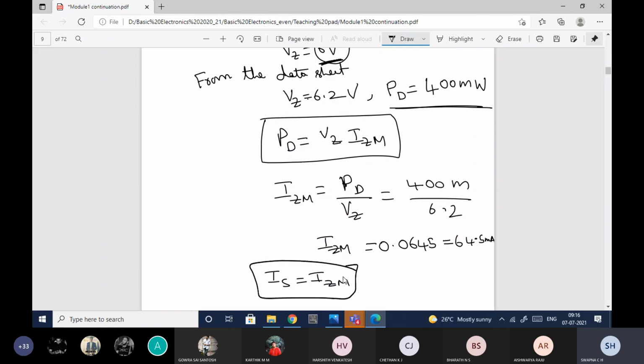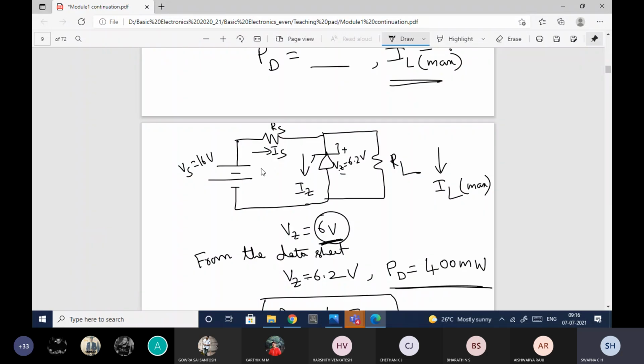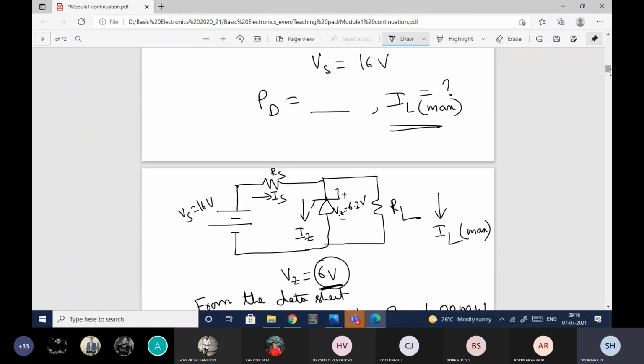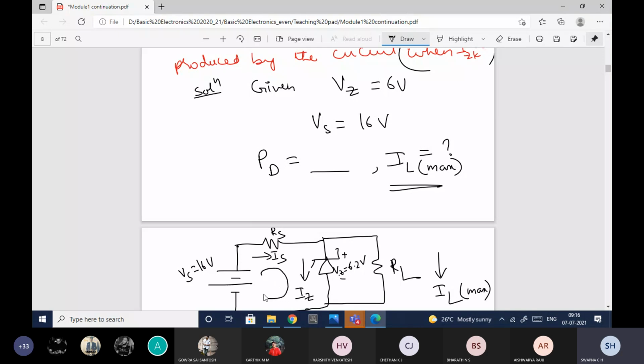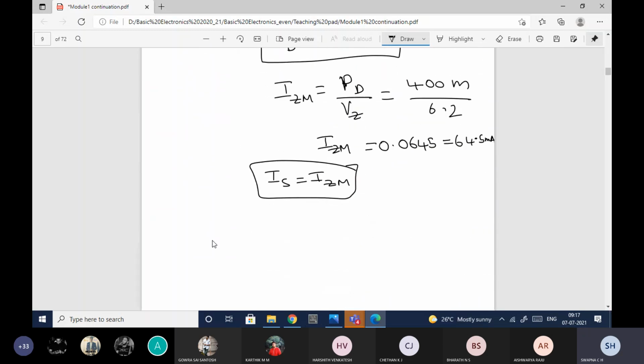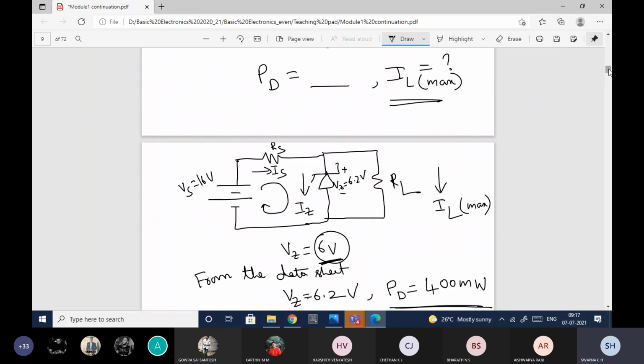Here I need to find RS. You can recall IS we have written by applying KVL to loop 1. This is my loop 1. Let me apply KVL here. Current is flowing in this direction, positive, negative.